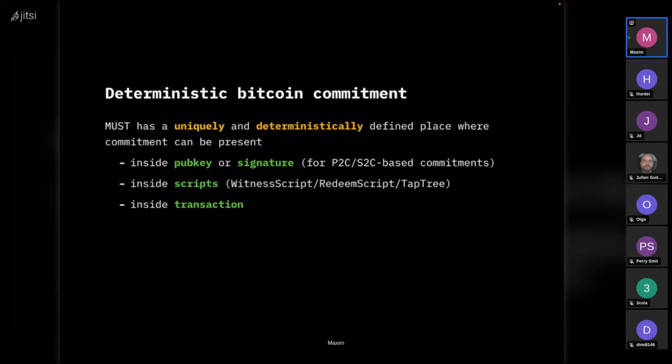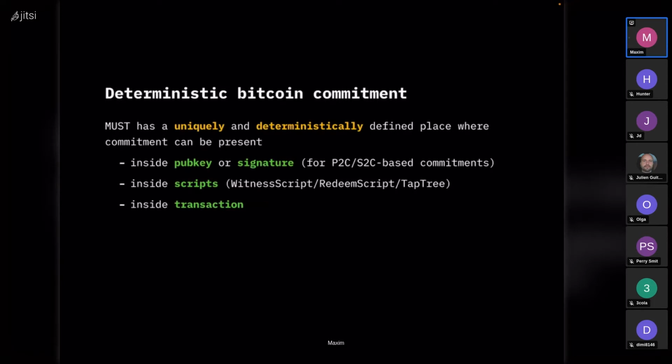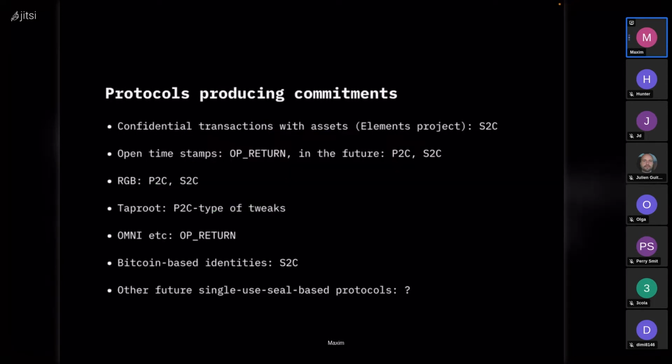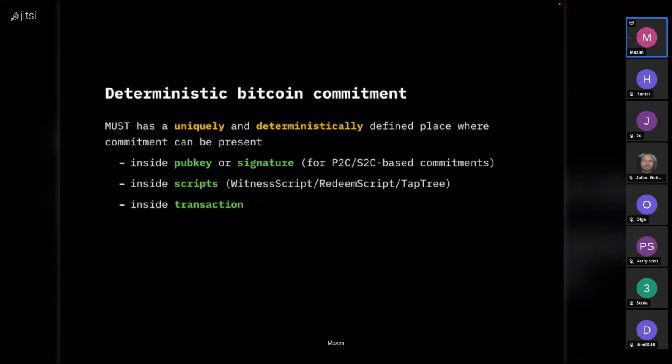And when we move from just commitments to deterministic Bitcoin commitments, we need to add on top of all these protocols and all these possible commitment schemes a very specific way.